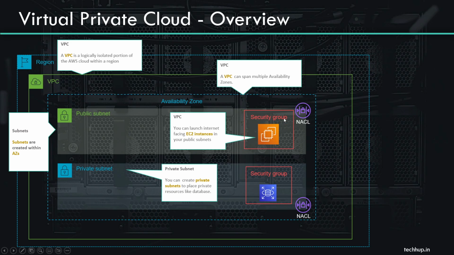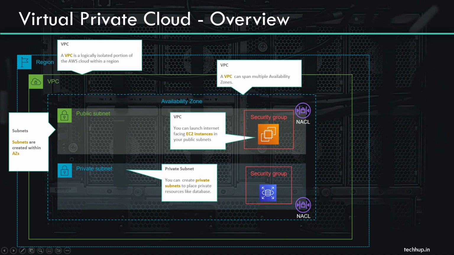Both security groups and network access control lists have a set of inbound and outbound rules that you can define based on IP address and ports in order to allow the traffic that can flow into the subnet.